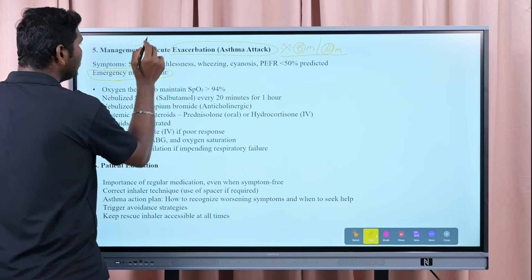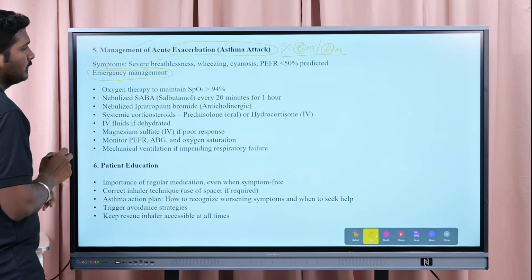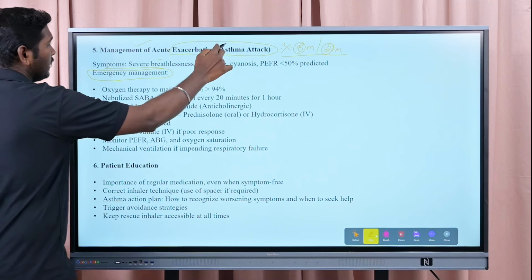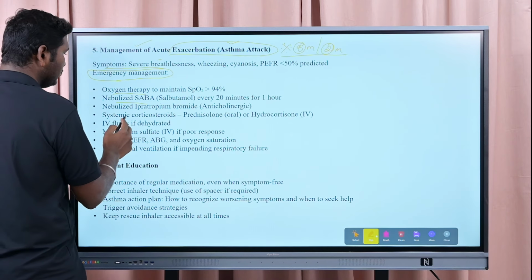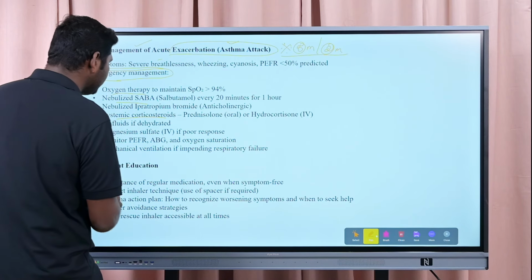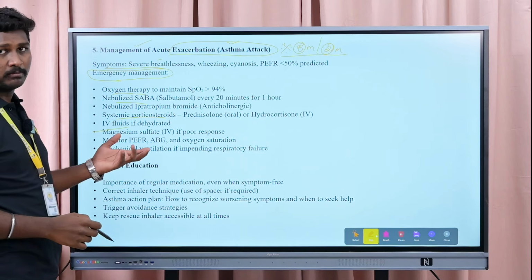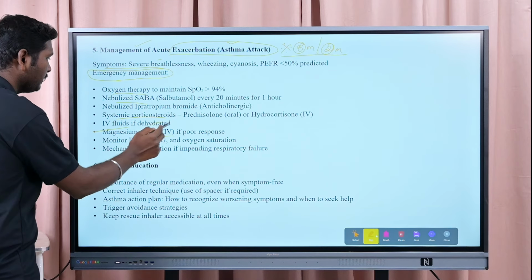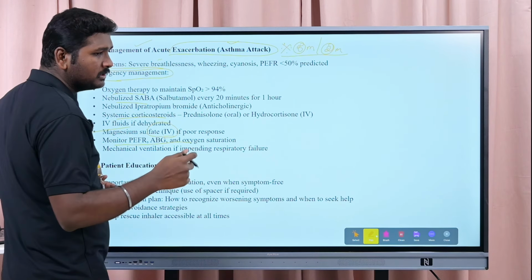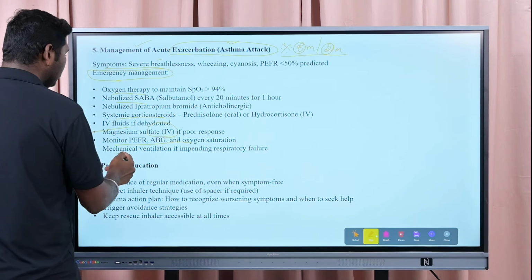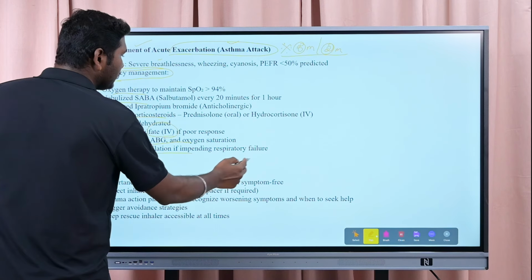What you can do immediately once this acute exacerbation, the asthma attack, occurs: oxygen therapy, nebulization, systemic corticosteroids, IV fluids, and magnesium sulfate given IV, improving oxygen saturation and the airway, and mechanical ventilation if there is impending respiratory failure.